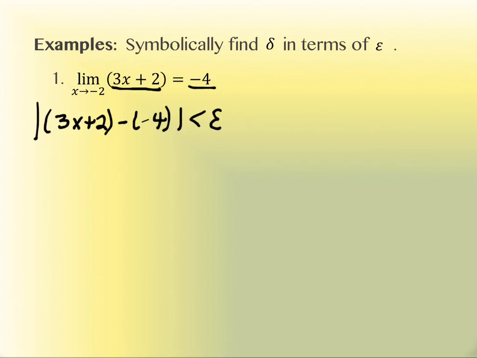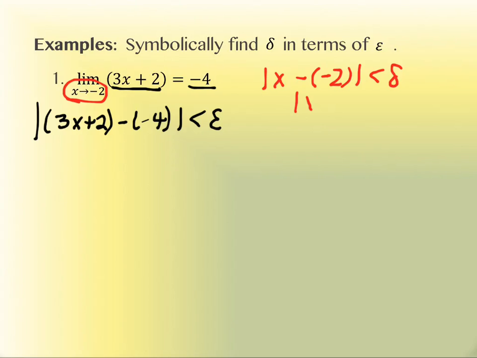That's where we're working from. We're trying to find the difference in the y values, the function value and the limit value, to be less than epsilon. Now our goal, using the red here, is to change this so that the x value minus the x value we're approaching is less than some delta.